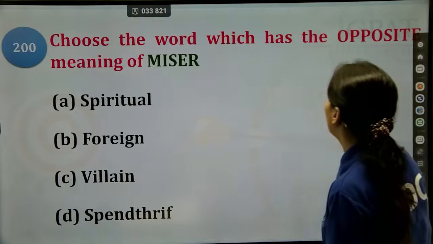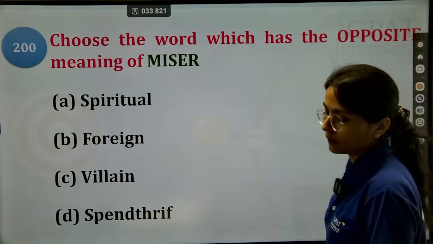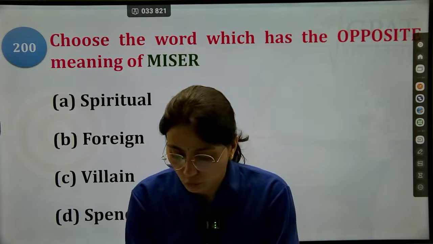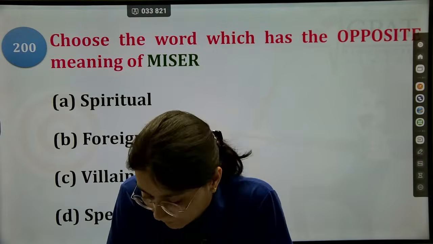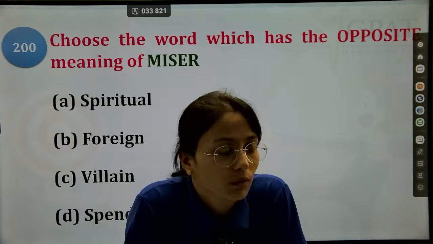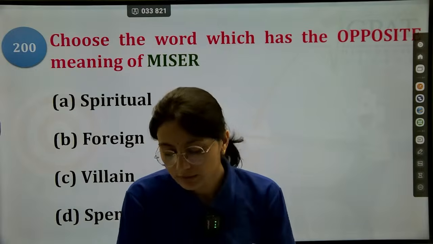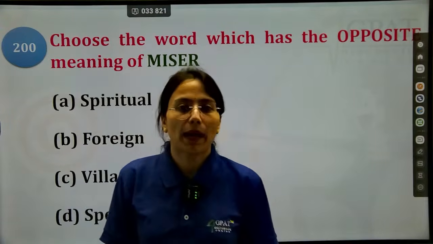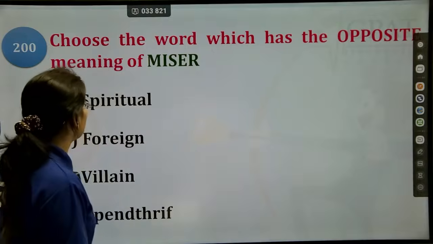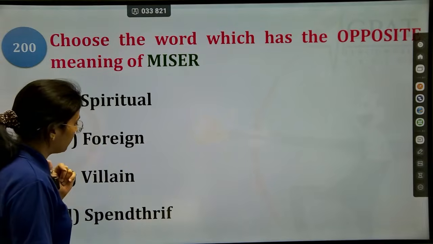So choose the word which has the opposite meaning of miser. A miser is a person who loves to have a lot of money but hates to spend it. Someone having more money but hating to spend. The options are spiritual, foreign, villain and spendthrift.